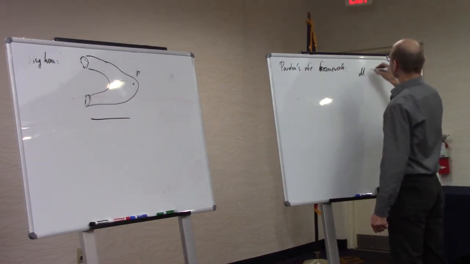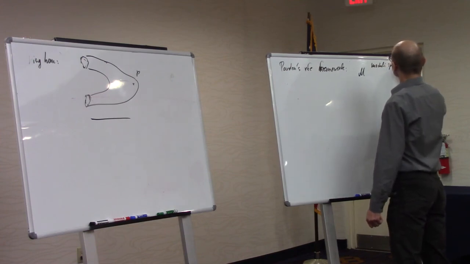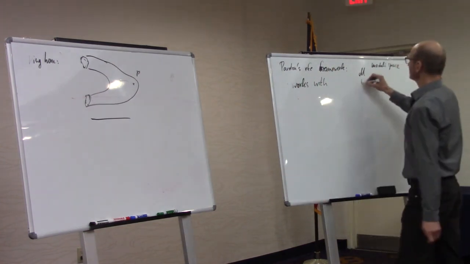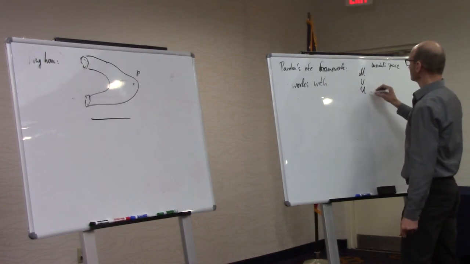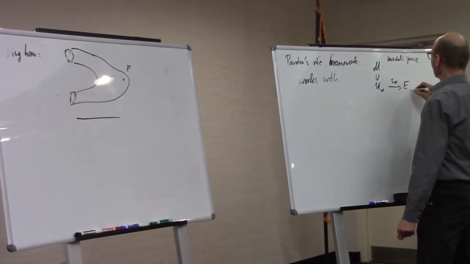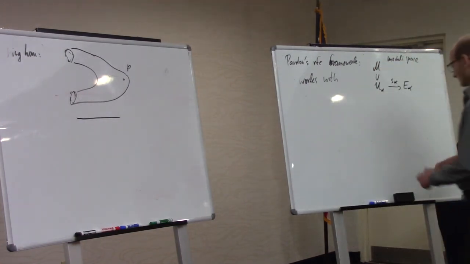So that works with, here's your moduli space. And then you have some open subsets in here, U alpha or something, and then S alpha to E alpha, in such a way that, sorry, that's wrong.